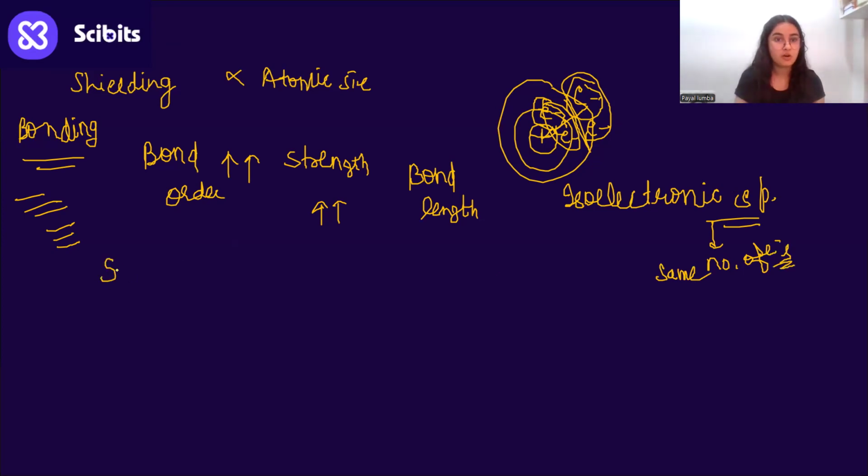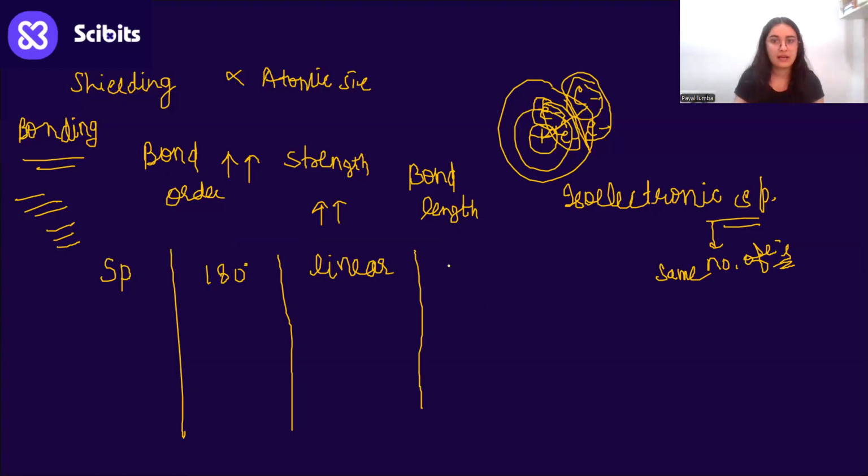Now let's talk about hybridization. If the hybridization is sp, then the angle will be 180 degrees and the geometry will be linear, as in the case of carbon dioxide. Examples are BeCl2, carbon dioxide. If it is sp2, then the angle is 120 degrees and the shape is trigonal planar.